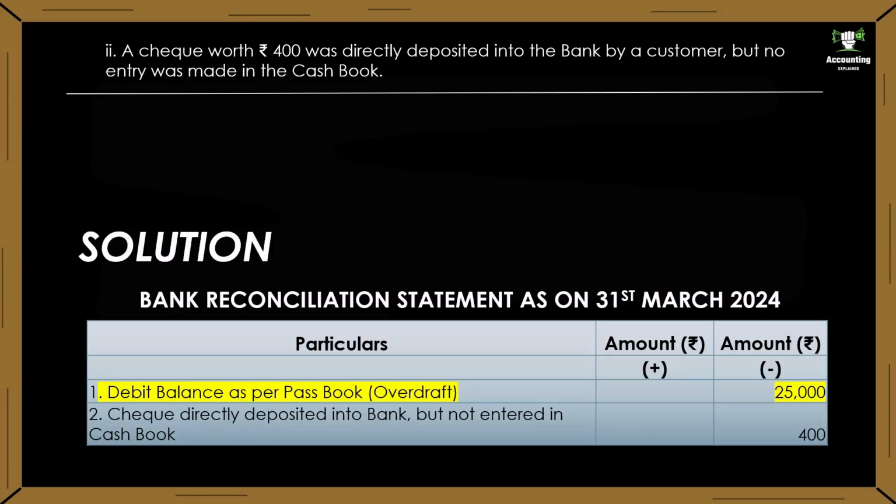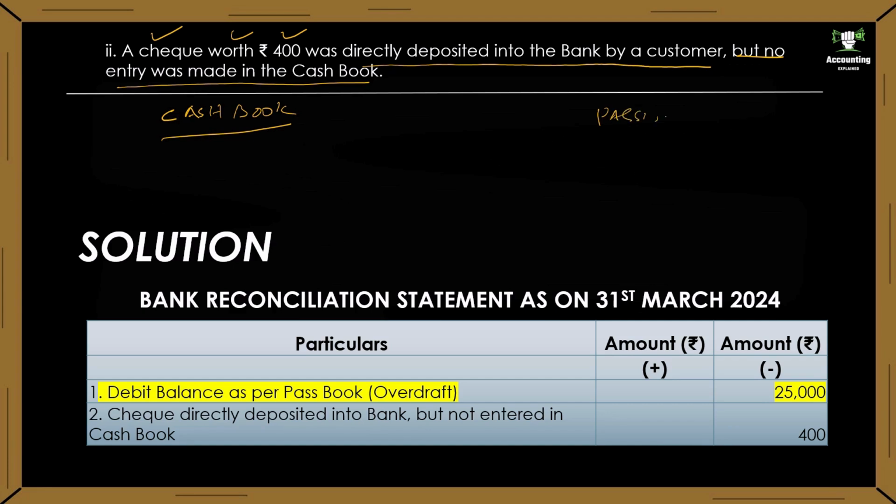Next transaction is a check worth rupees 400 was directly deposited into the bank by a customer, but no entry was made in the cash book. Before proceeding to the solution, let us understand how a cash book and a passbook will look. This is the cash book, this is the passbook. In both the cash book and the passbook, the right side is the debit and the left side is the credit.